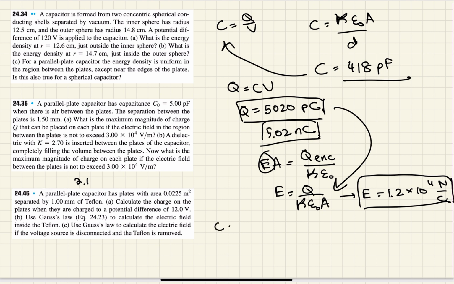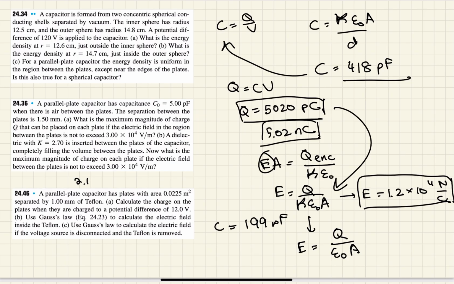You're going to get a capacitance of 199 picofarads, because 418 divided by 2.1 is 199. And from that, we know this exact formula, but without the kappa. So here, electric field is equal to Q over epsilon naught area.